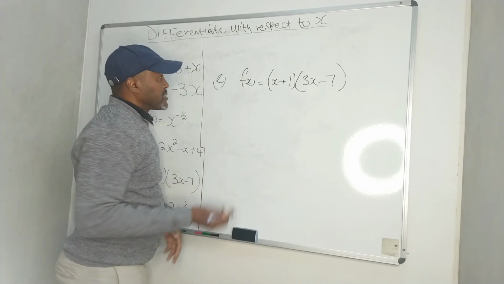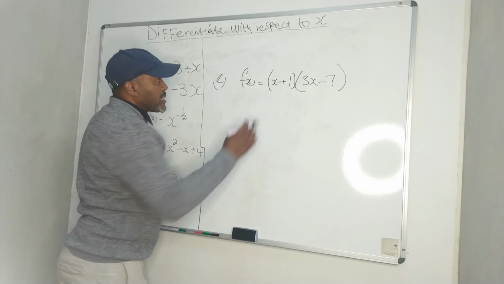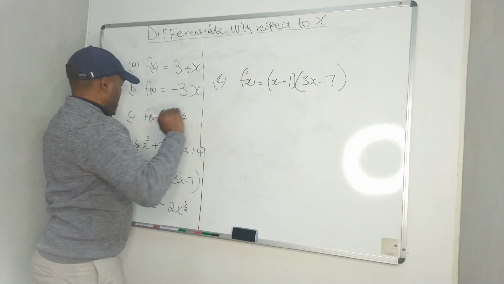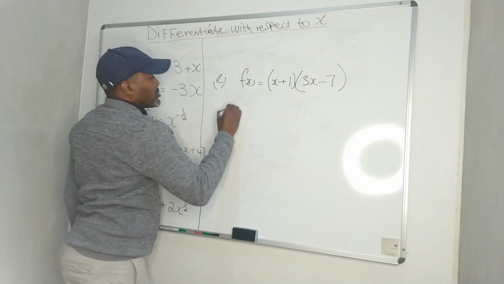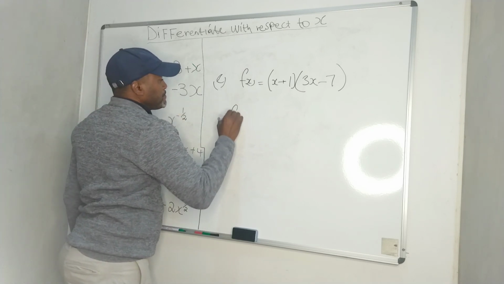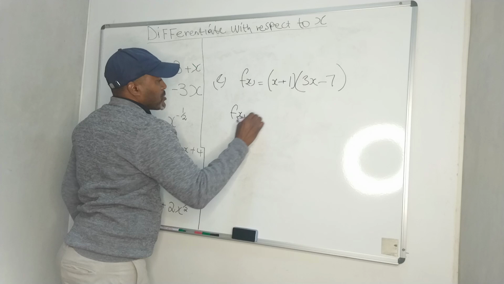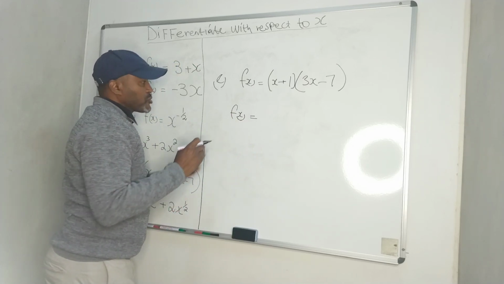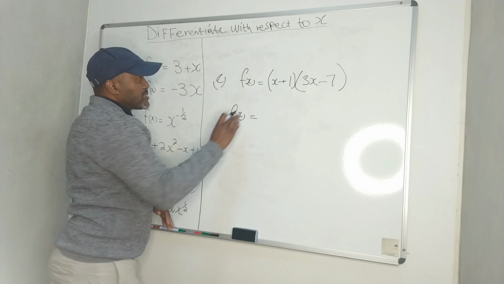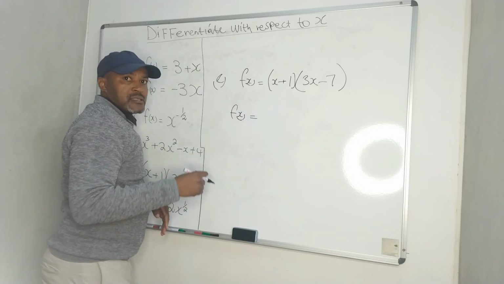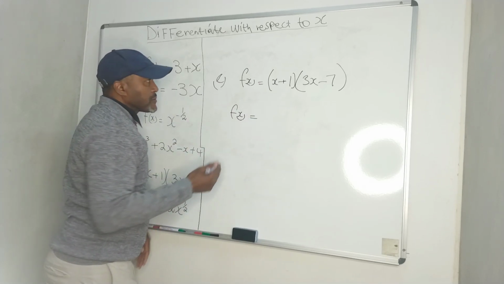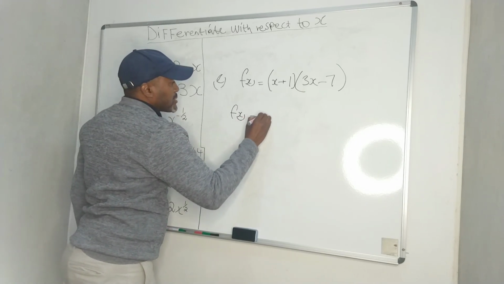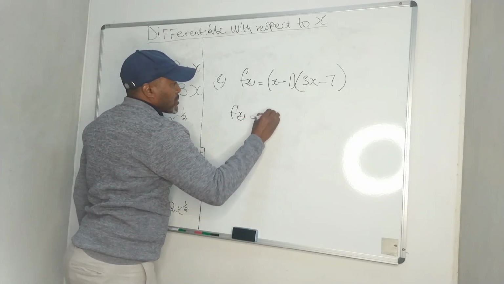You can find the derivative. So let's multiply x times 3x. You see, I haven't put that prime to show that I haven't started doing the derivative, okay? So x times 3x, I get 3x squared.